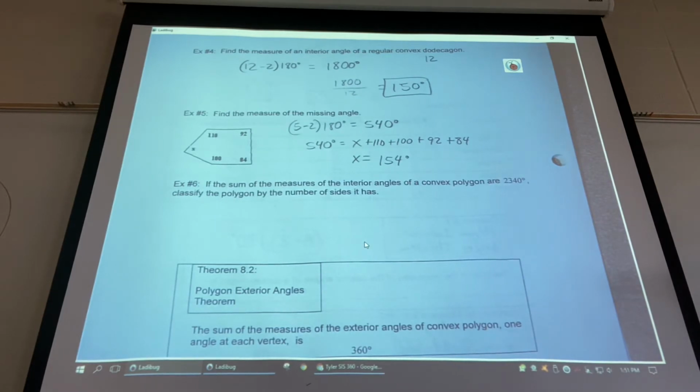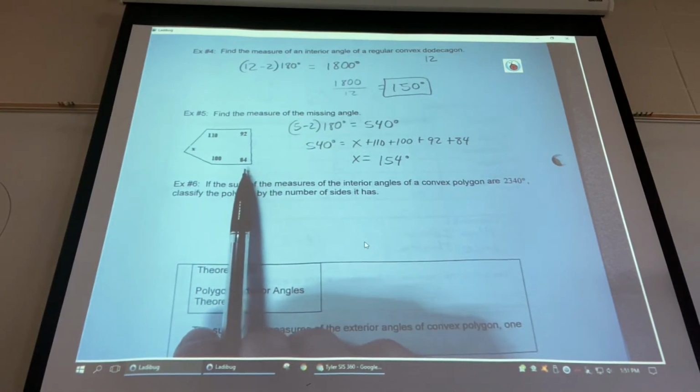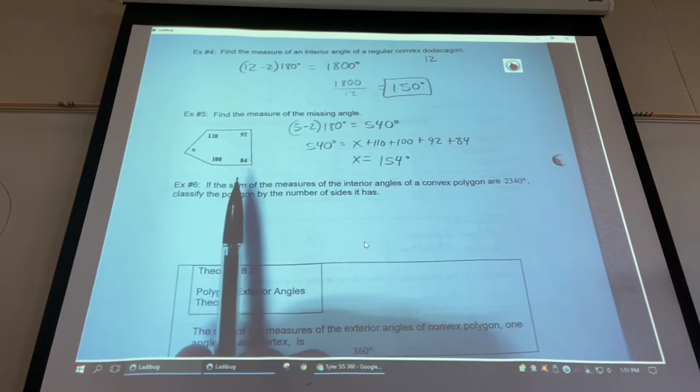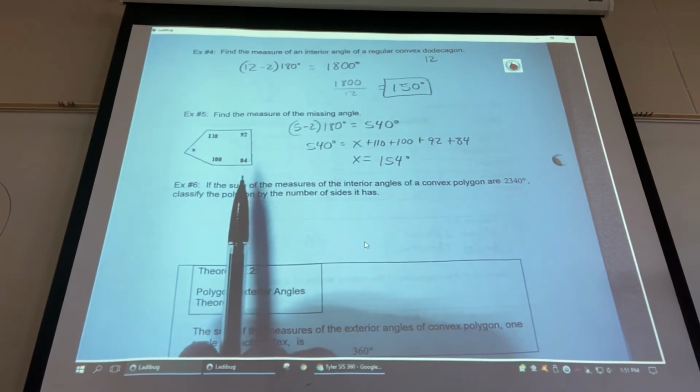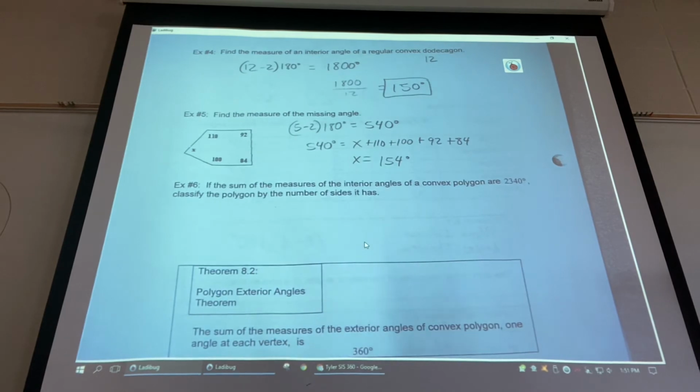Pretty sure. Yeah. Now, this is a good time to reinforce something here. Any pictures that are drawn by me or the teacher that taught this before cannot be assumed to be to scale. Are you guys with me on that? It's actually really difficult to draw things to scale quickly.